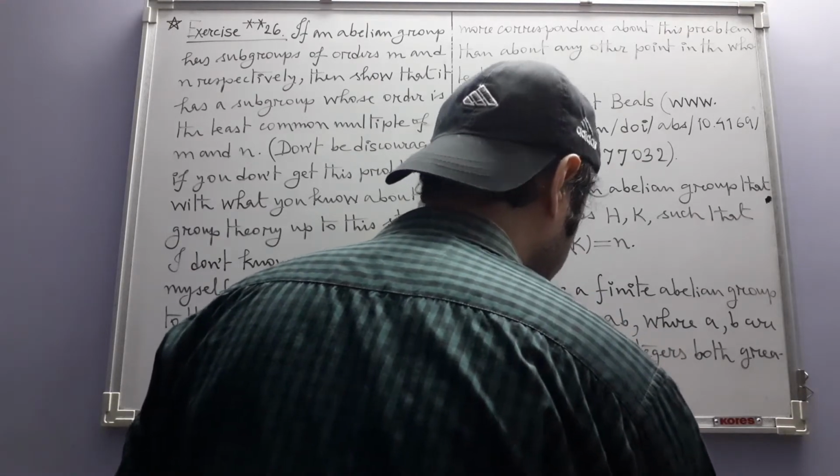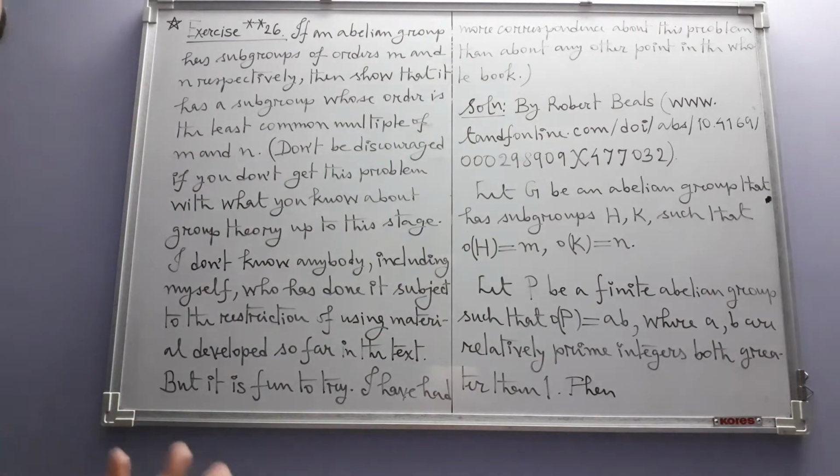Then, since A and B are relatively prime, so we already know what that means.